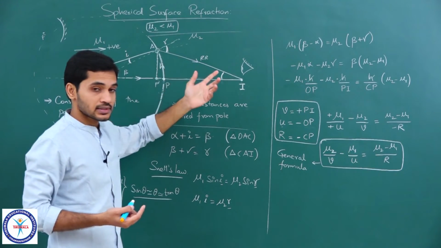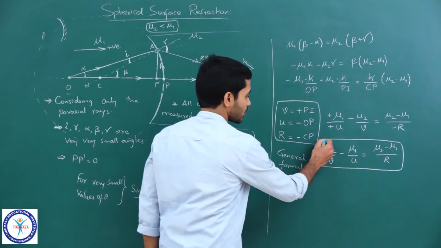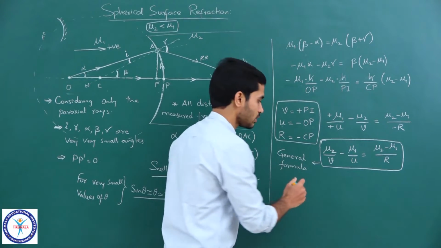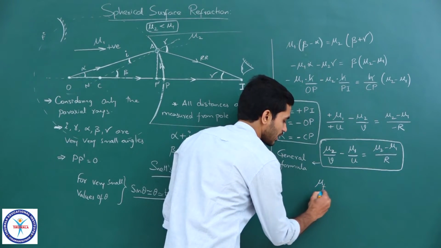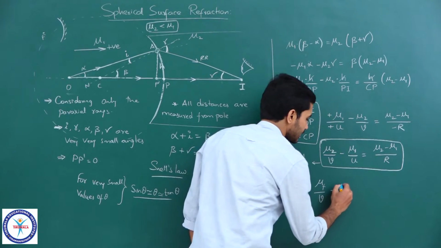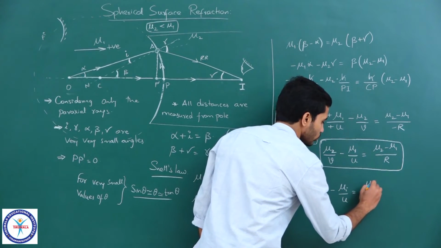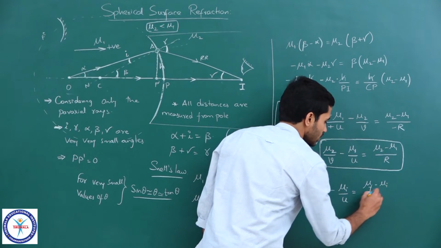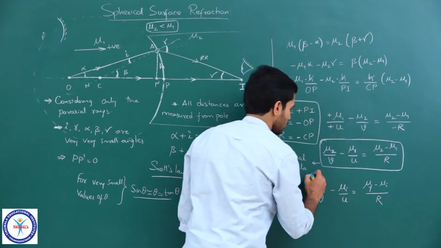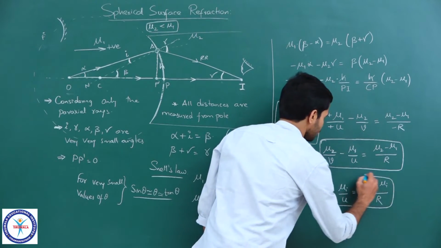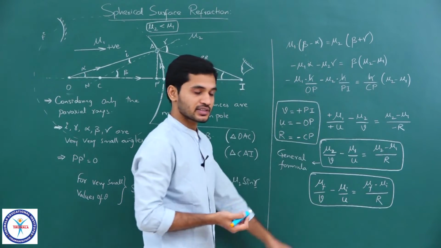So, in such a case you should keep in mind that this expression basically means mu final by V minus mu initial by U is equal to mu final minus mu initial by R. So, it is better you remember it this way.